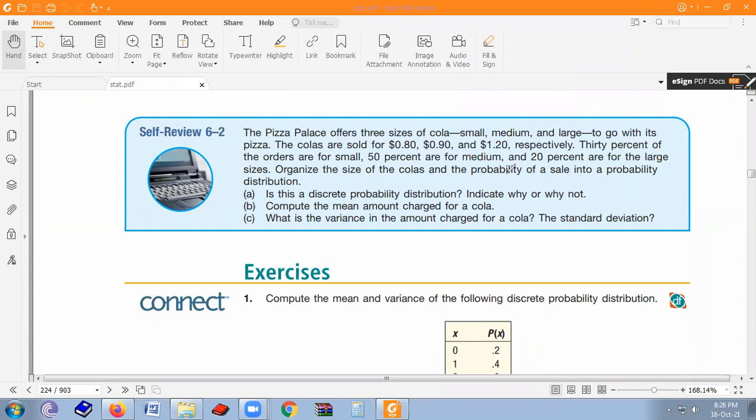Then organize the size of the colas and the probability of sale into a probability distribution. And then, is this a discrete probability distribution? Indicate why or why not. Compute the mean amount charged for the cola and what is the variance. First, we have to make the distribution.